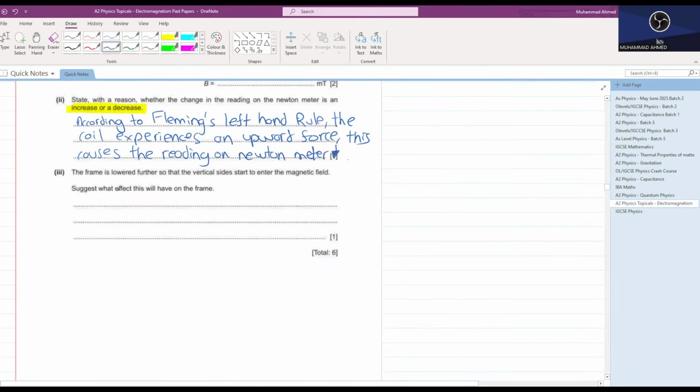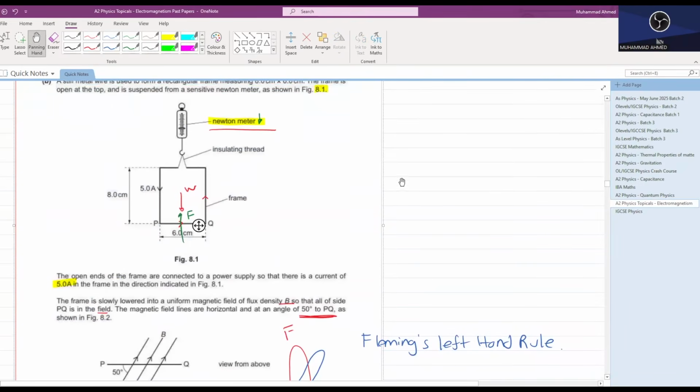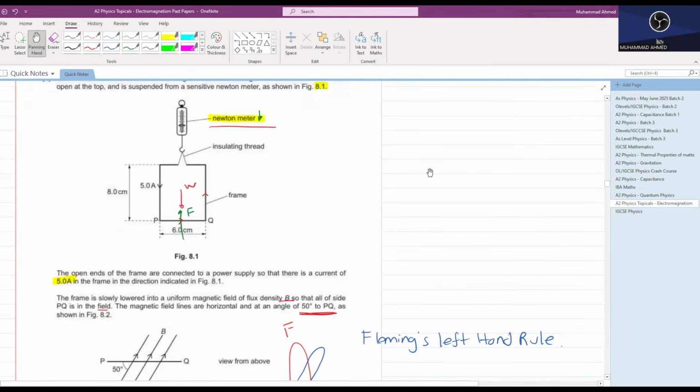Simple as that. The frame is lowered further, so that the vertical sides start to enter the magnetic field. Suggest what effect this will have on the frame. Now the vertical sides are also inside the magnetic field.